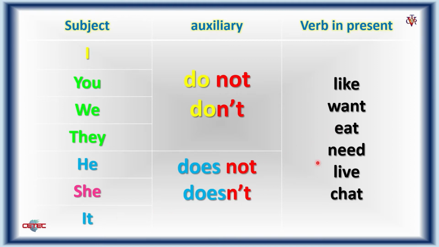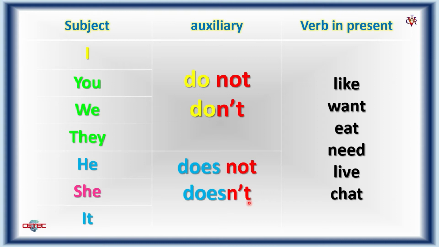It doesn't eat. So don't forget, it's important to know that I, you, we, and they are going to use do not or don't. He, she, it are going to use does not or doesn't.